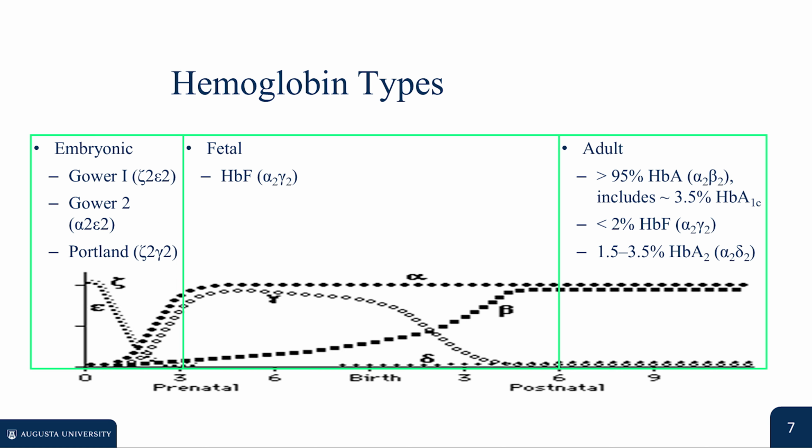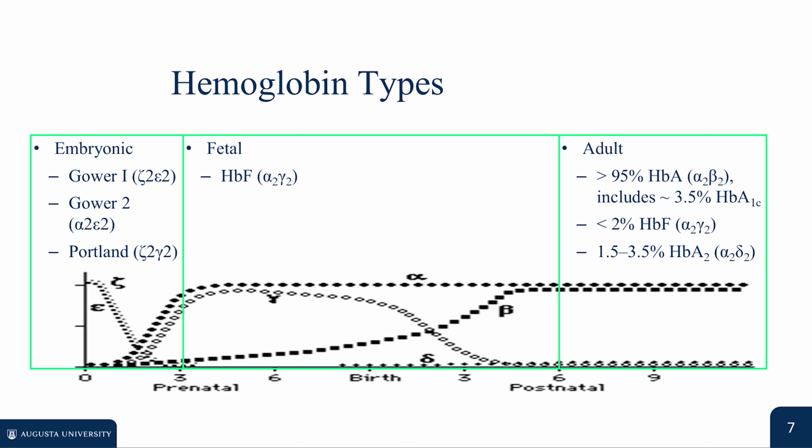Hemoglobin F is composed of 2 alpha and 2 gamma chains, and it dominates throughout the remainder of fetal development. Hemoglobin F has a remarkably high oxygen affinity, which enables the fetus to pull oxygen directly from maternal circulation across the placenta. Shortly before birth, beta chain production ramps up significantly, driving a transition to adult hemoglobin types.